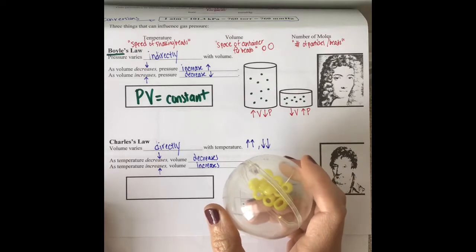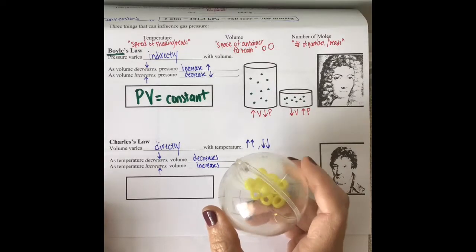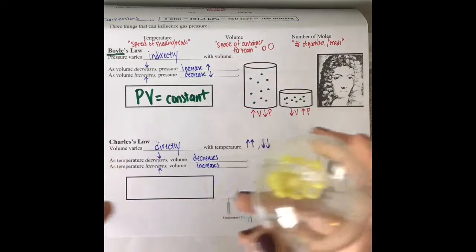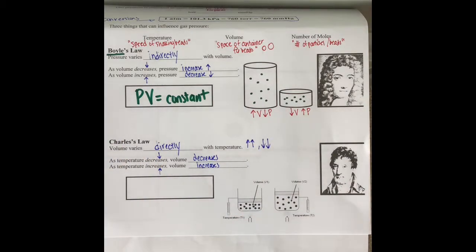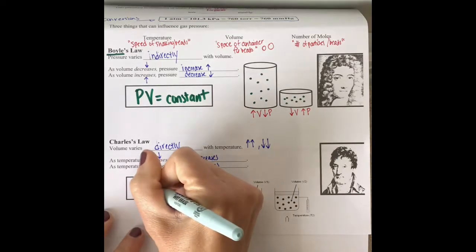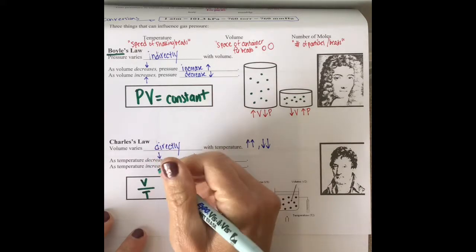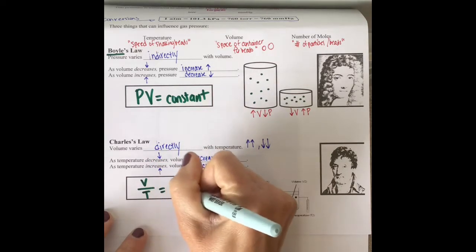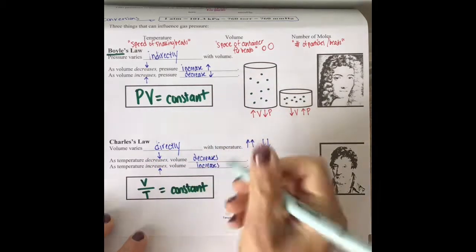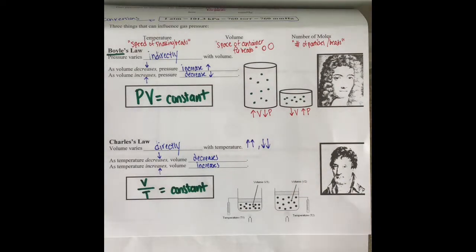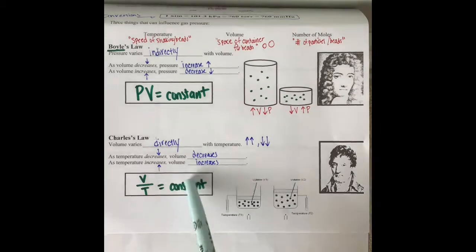Why they tell you to keep spray paint out of high temperatures, because things expand when they get hot. Okay, the equation for this would look like volume over temperature is a constant. Okay, so when one increases, the other must increase in order to remain constant.